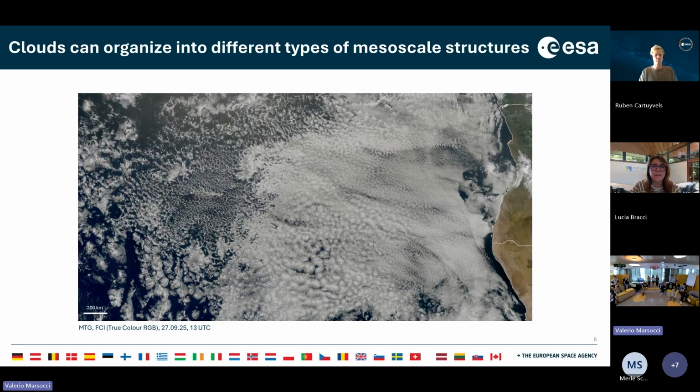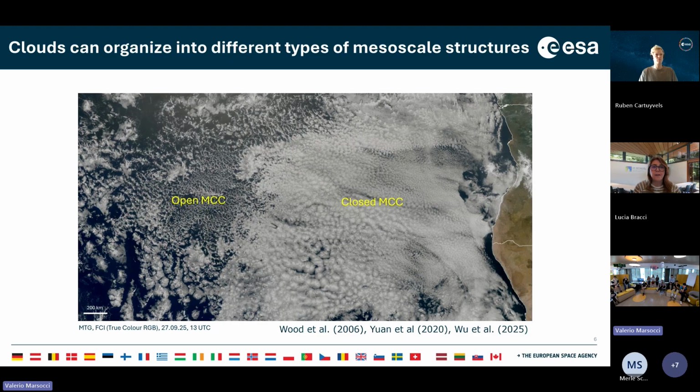Now, to zoom in a bit on these clouds, this shows a different stratocumulus deck near the coast of Namibia. You can see in this picture already that we have really different mesoscale structures. By mesoscale, I mean horizontal scales between a kilometer and hundreds of kilometers. Here more on the right, we have what we call closed mesoscale convective cells, where you have these closed cloud decks, and you can see the cellular structure in there.